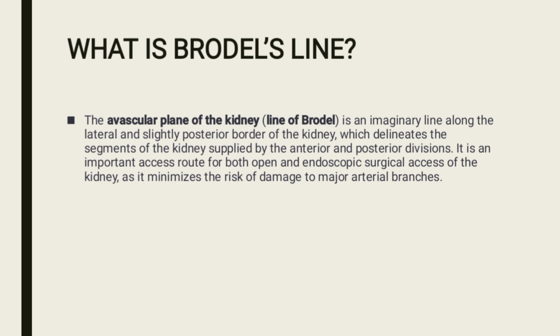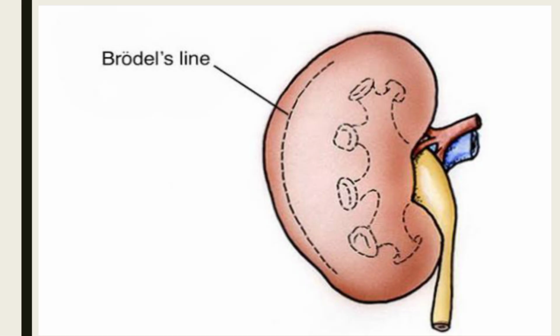Otherwise, if we puncture the vascular plane of the kidney, then there will be significant hemorrhage, leading to the postponement of the procedure, and the procedure will be abandoned. So we will have to look for this Brodal's line before puncturing the kidney while doing any endoscopic or open procedures. Here it is, the Brodal's line. This is the Brodal's line, the avascular plane of the kidney, shown in this figure.